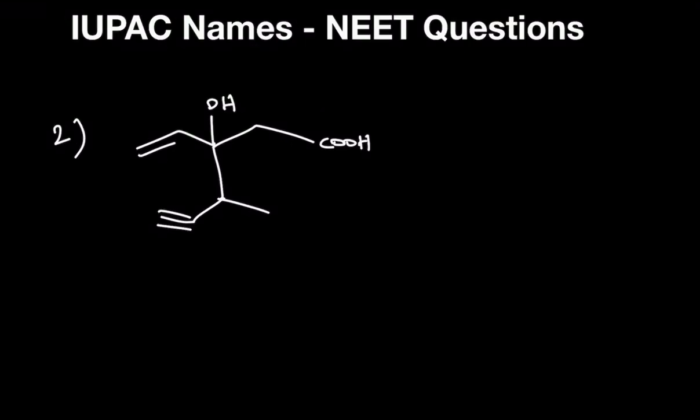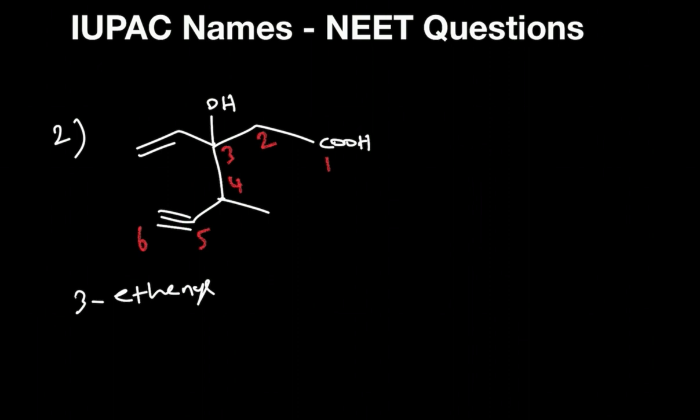Let us find out the IUPAC name for the second structure. Let us do the numbering first, starting from the carboxylic acid: 1, 2, 3, 4, 5, 6. Let us do the naming. We have a 3-ethynyl group at the third position. Previously we had ethynyl, now we have ethenyl because there is a double bond.